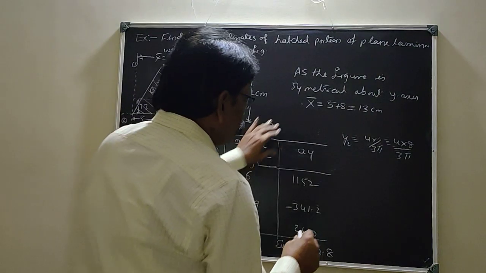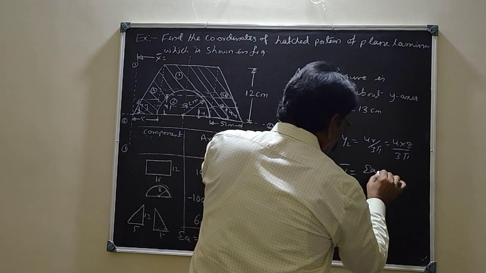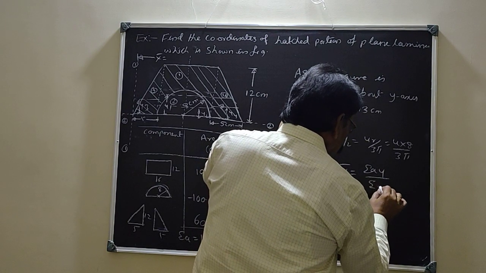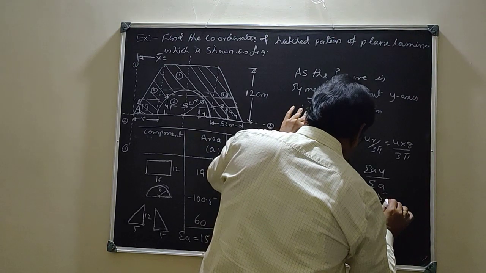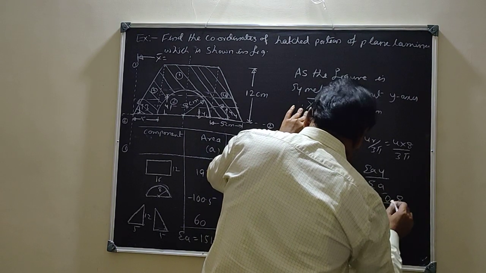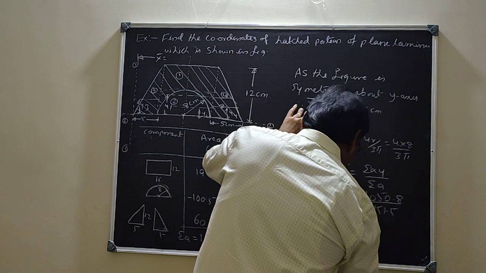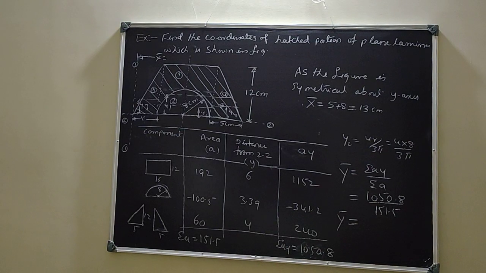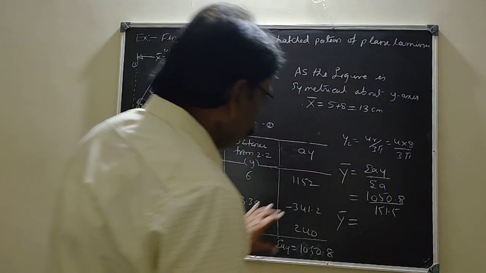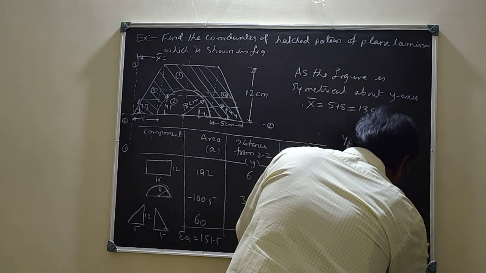So therefore y bar is equal to sigma ay divided by sigma a, that is equal to 1050.8 divided by 151.5, that works out to be y bar equal to 6.93 centimeter.